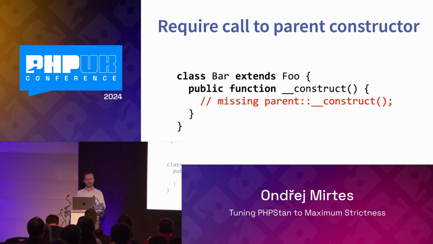And if you extend the class, you should also be forced to call the constructor so that the object can be created in a consistent state. And what people usually forget is that when they extend the class and they write their own constructor, they forget to call the parent constructor. So that's what strict rules will also force you to do.